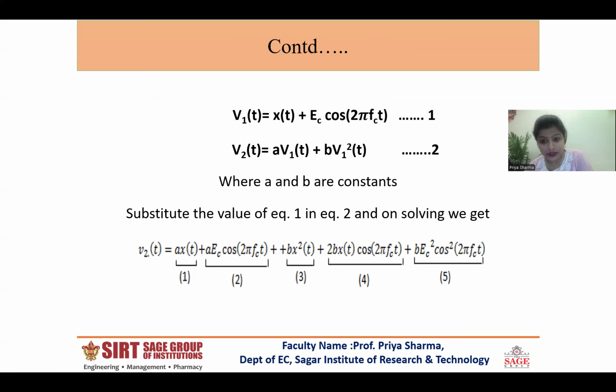This is rejected because it contains a square of the carrier frequency, and the bandpass filter is tuned only to the carrier frequency component, not the square of that frequency. That's why this component is also rejected. So we are left only with the second and the fourth. These two terms will be passed, while the first, third, and fifth will be rejected, which are considered noise.